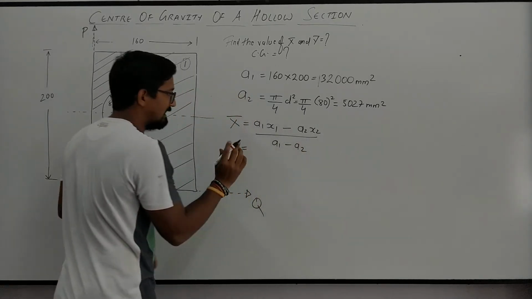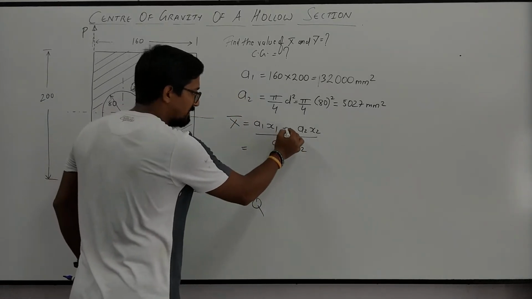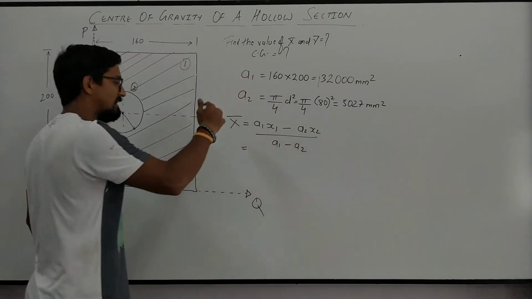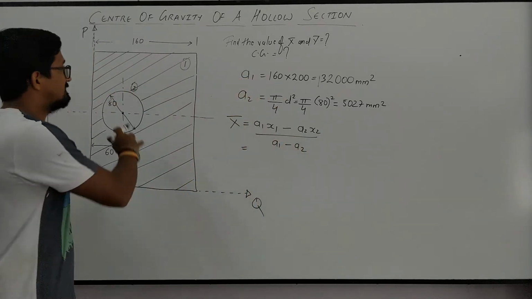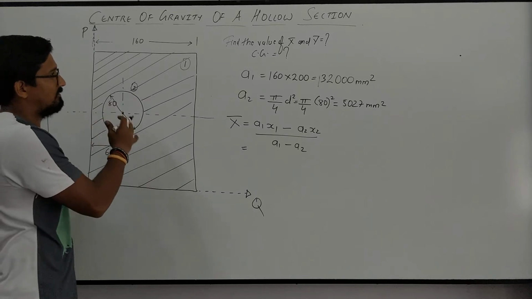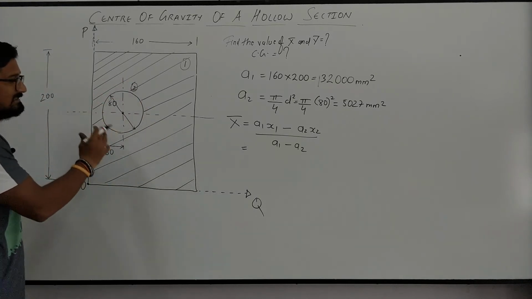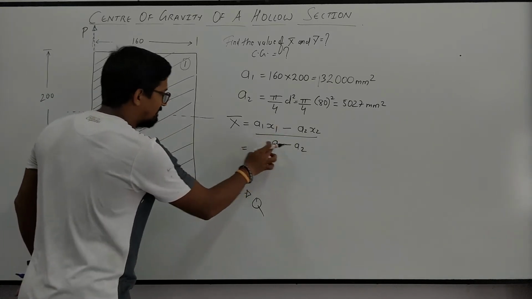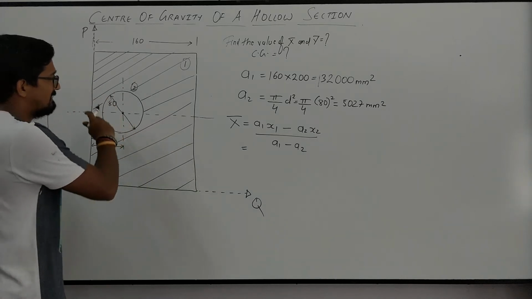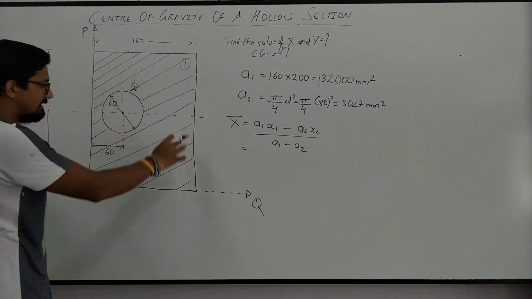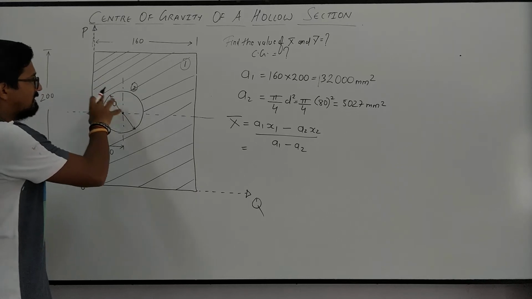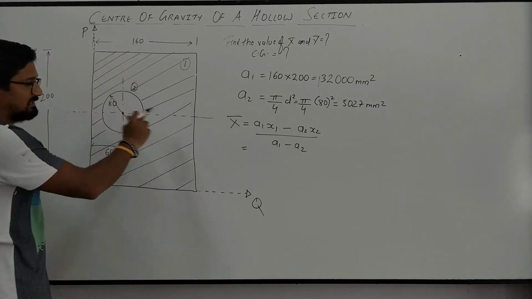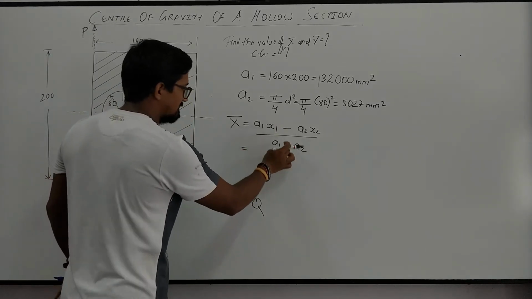One important thing to note: earlier it was plus in the other two problems which we have solved. Since this is a hollow section problem for calculating CG, this is minus. Why is this a minus sign? The minus sign is because it is hollow. So we have to subtract the circular from the rectangular section. That's why the subtraction sign has come.